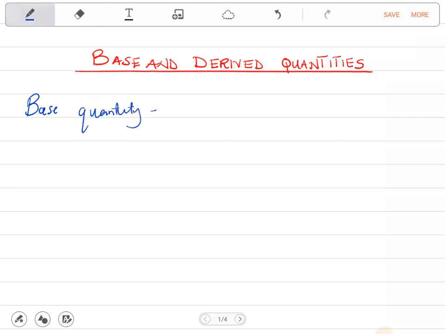These base quantities are quantities that occur without any combination.